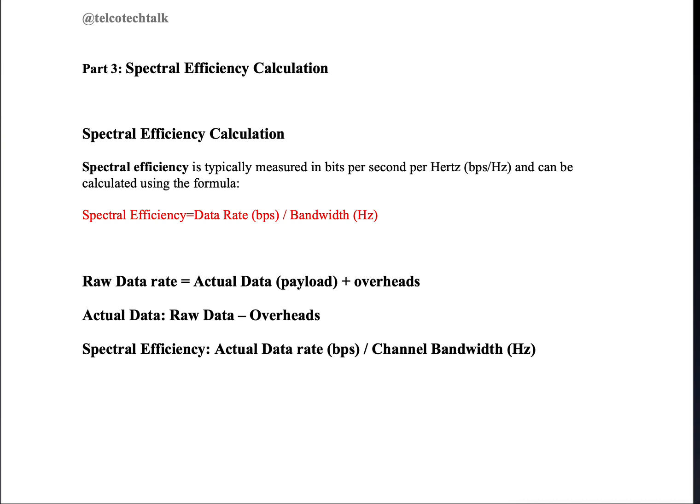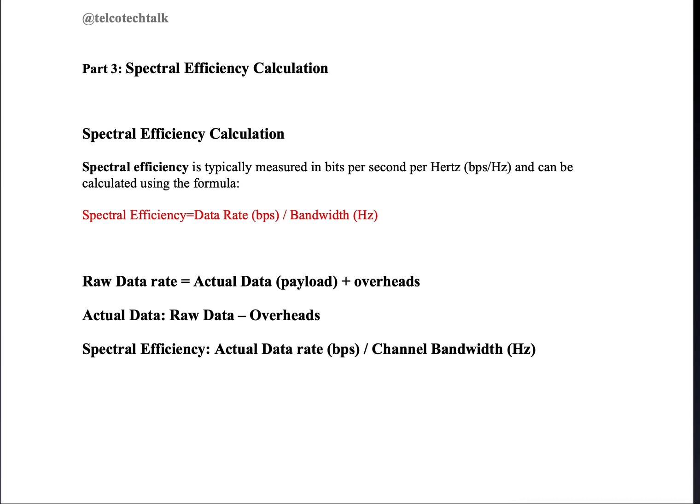So we should be calculating spectral efficiency based on the actual data or payload being transferred over any given channel, which means we need to reduce the overheads. After reducing the overhead, we have the actual data. So the actual data flowing per second divided by the channel bandwidth gives you the actual spectral efficiency.